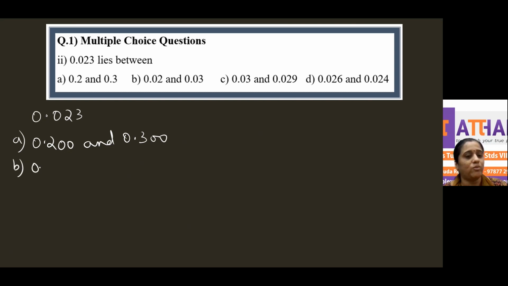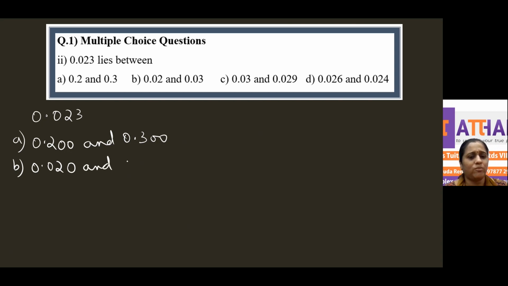Now, 0.023 has how many digits after the decimal point? 3 digits. Okay, so now option A, you should understand like this: 0.200 and 0.300. Understand? B, tell me. Option B, 0.020. Very good, you're right.